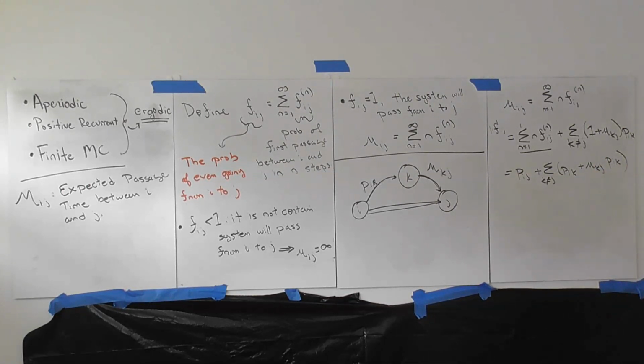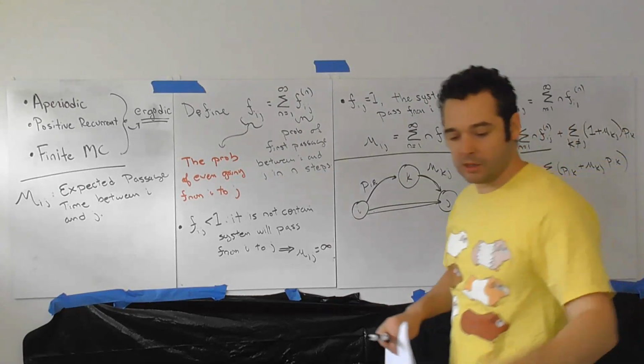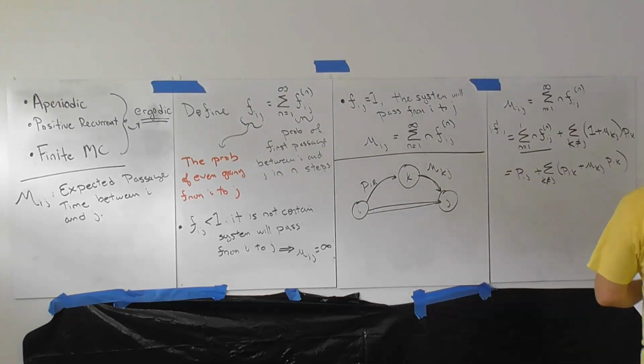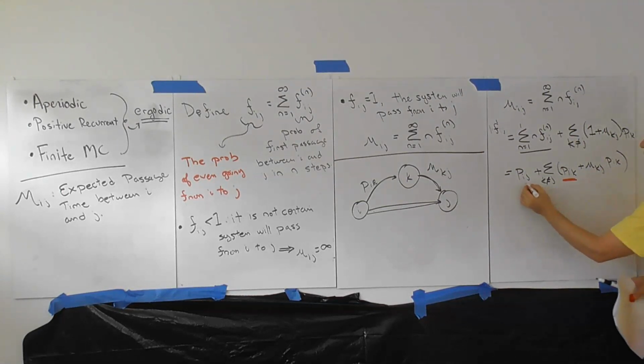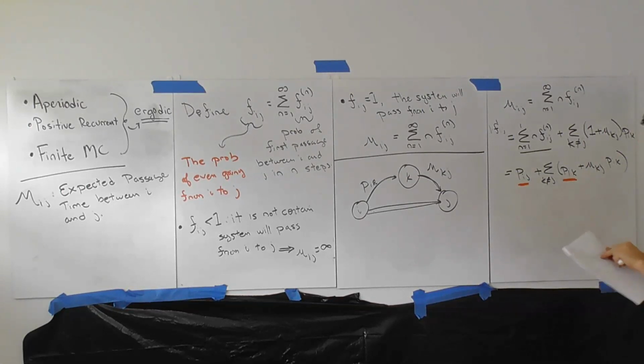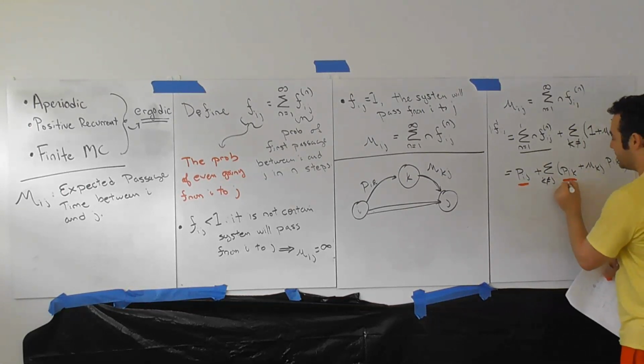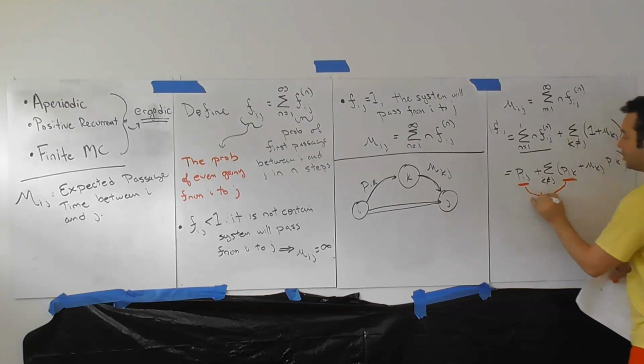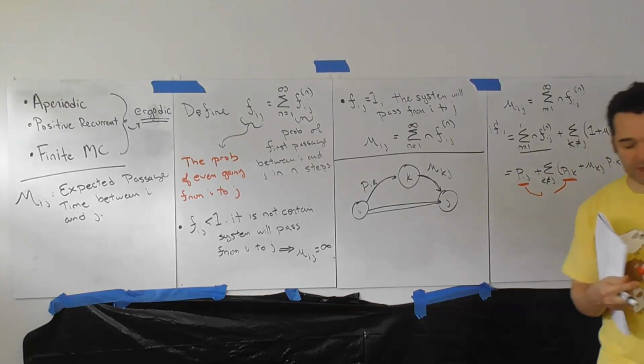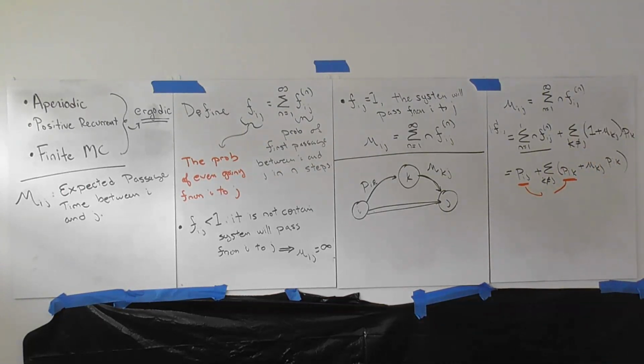Now we can do a little bit of reorganization by recognizing that we're summing over all the p_ik that are not equal to j, but then we have p_ij there. In fact, we can take these two terms. One way we could think about it is that we're going to break this sum up into two parts.